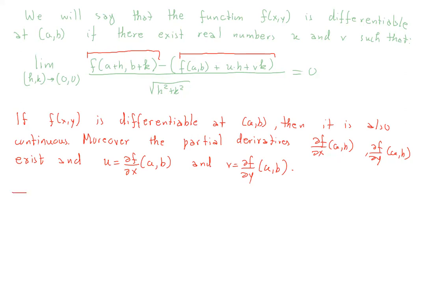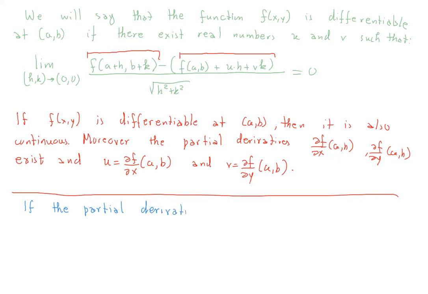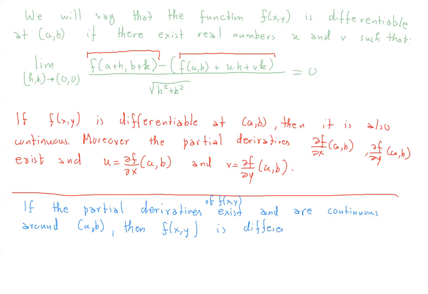However, we should note that it's very straightforward to determine that we're dealing with a differentiable function by using the following criterion that says that if the partial derivatives of, let's say, a function f of xy exist and are continuous around AB, then f of xy is differentiable at AB.